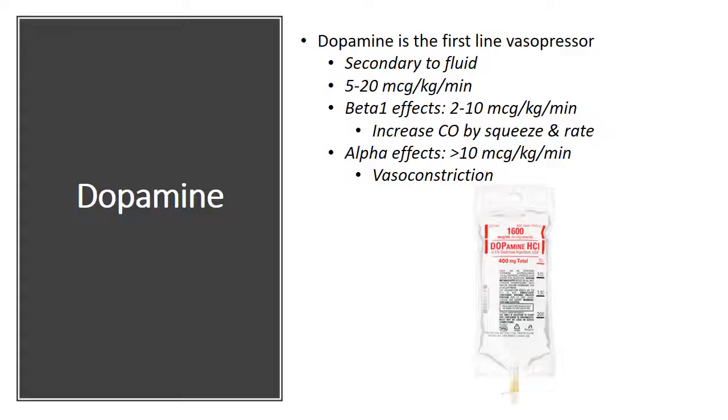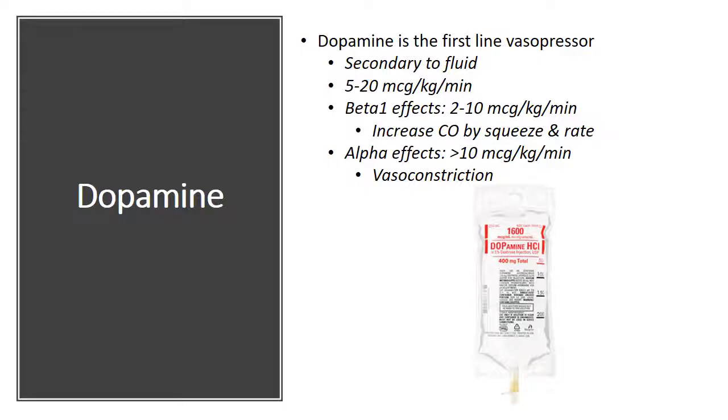So the way that kind of works is it has its beta 1 effects in the 2 to 10 microgram per kilo range. Basically, that's increasing your cardiac output by increasing the squeeze, that contractility, and increasing that heart rate and the automaticity. So it's increasing electrical current, increasing the squeeze, and increasing that heart rate to reperfuse everything.